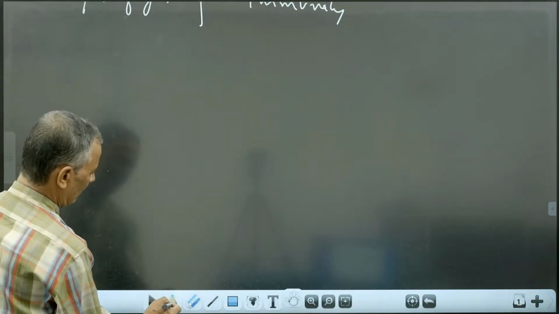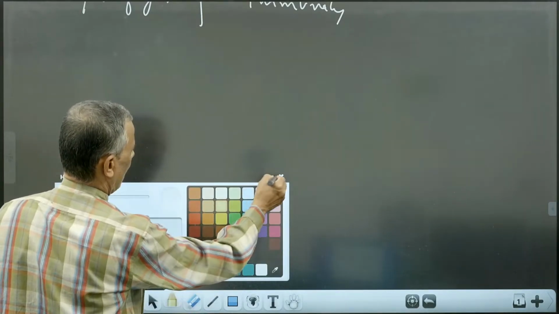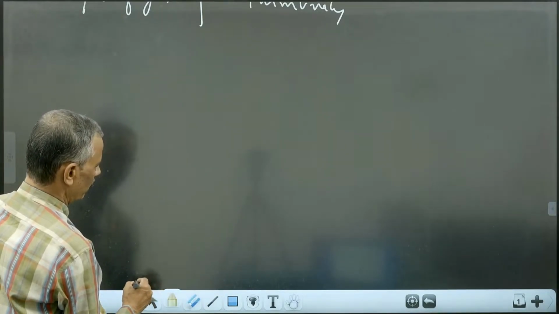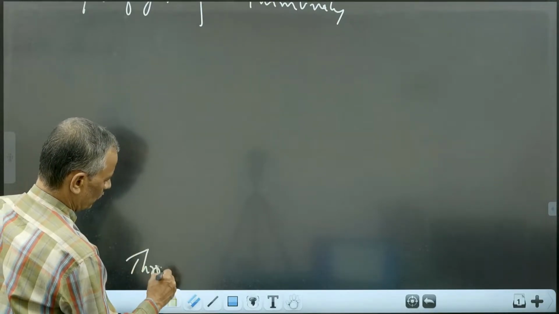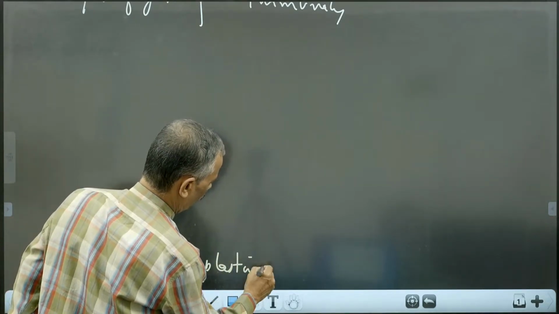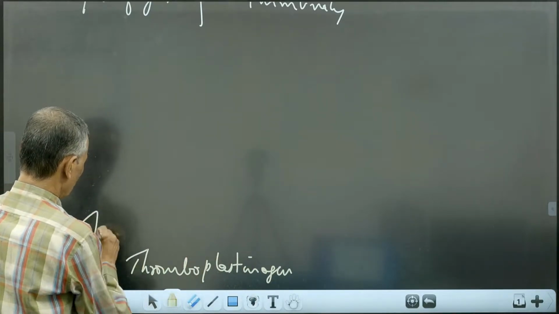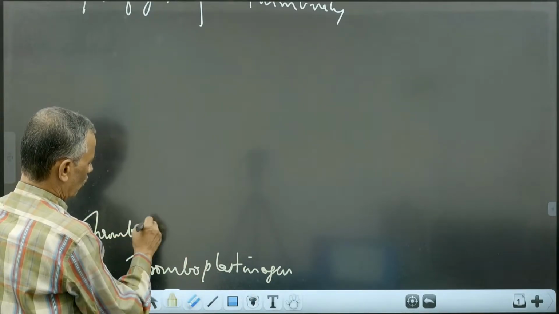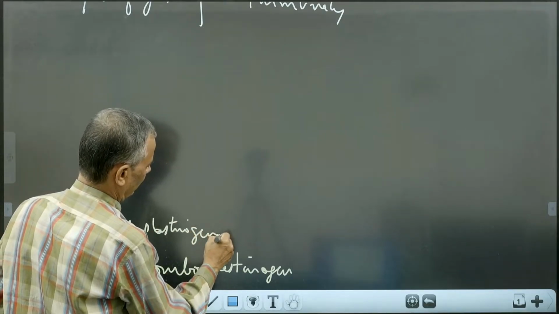When blood flows through the wound, the platelets are broken. These broken platelets and the damaged tissue will be releasing two substances, namely thromboplastinogen and thromboplastinogenase.